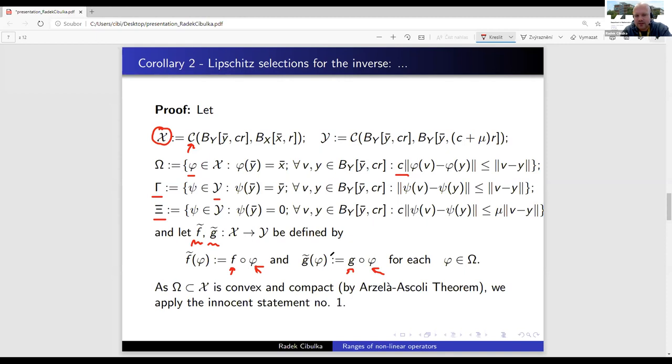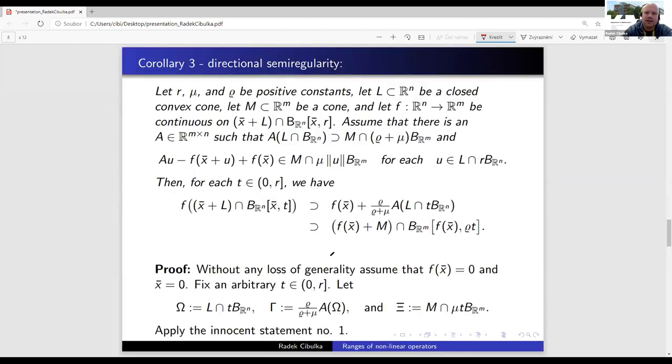Then the set omega is convex and again compact by the Arzelà-Ascoli theorem. So you simply apply the abstract statement and you have this corollary. So this is the second corollary, and let's go down more.